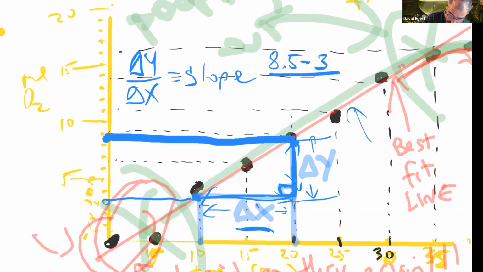The delta X, by definition, is going to be 20 minus 10. So it's 10. So this is now going to equal 5.5 over 10.